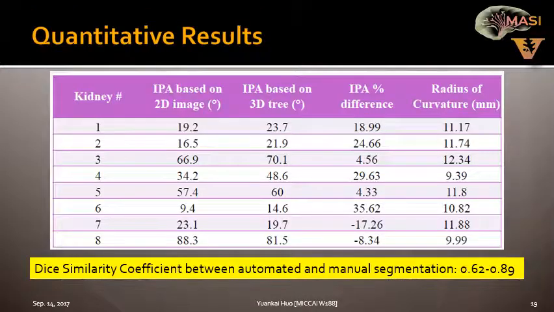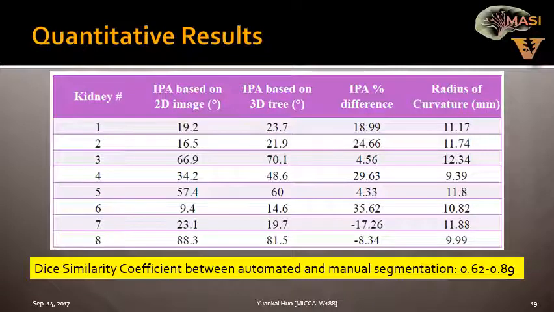Also, we have some quantitative results, where we measured all these parameters for 8 kidneys. The second column is the IPA based on the traditional 2D measurements. The third column is the IPA based on the 3D measurements. And we can see there is even more than 30% difference in some cases, shown in the fourth column.